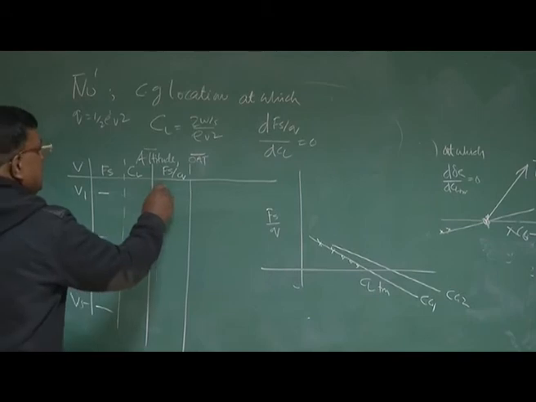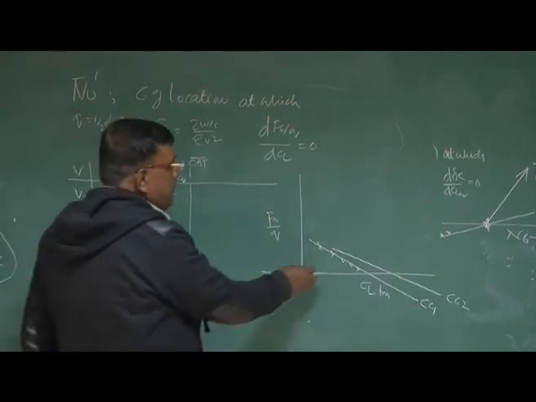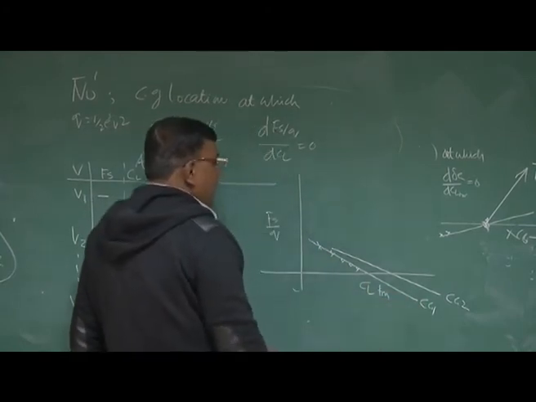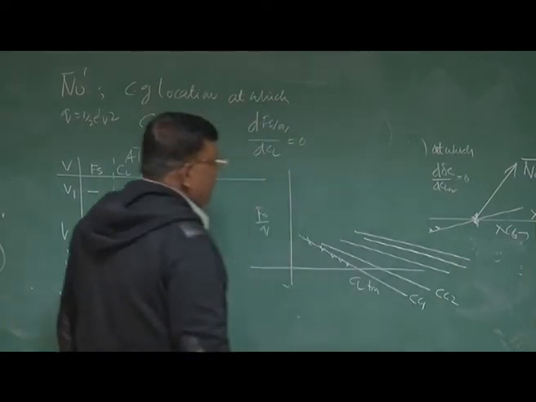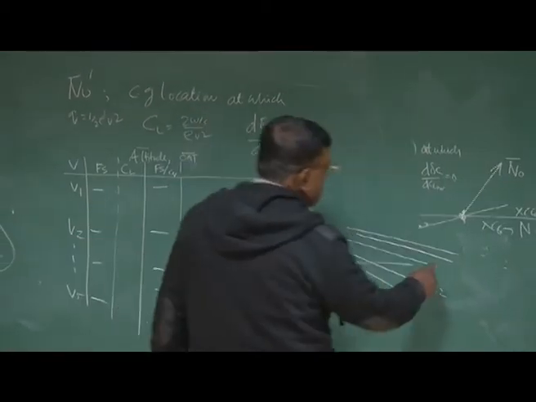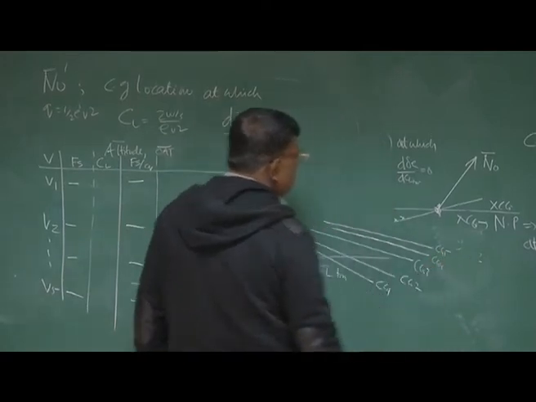For V1, this is the Fs by Q. For V2, this is like this. Those I am plotting for a given CG location. Like that, 3, 4, or 5 I generate. Okay, so I have CG2, CG3, CG4, CG5.